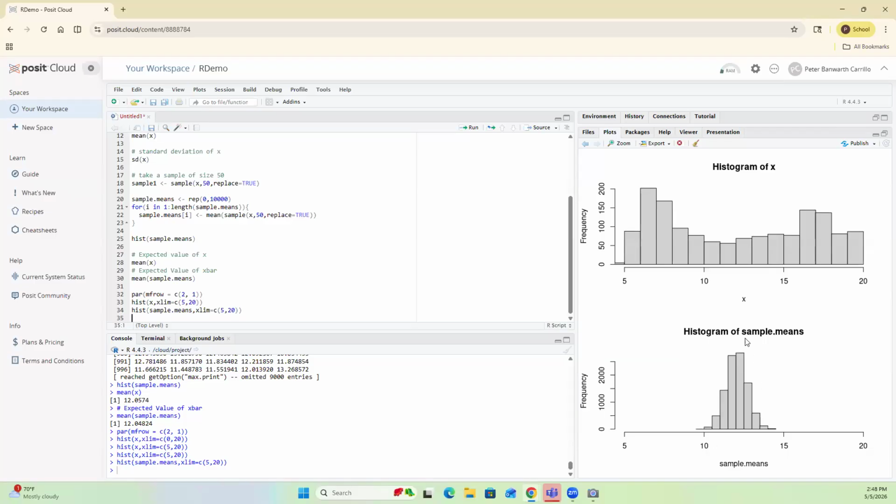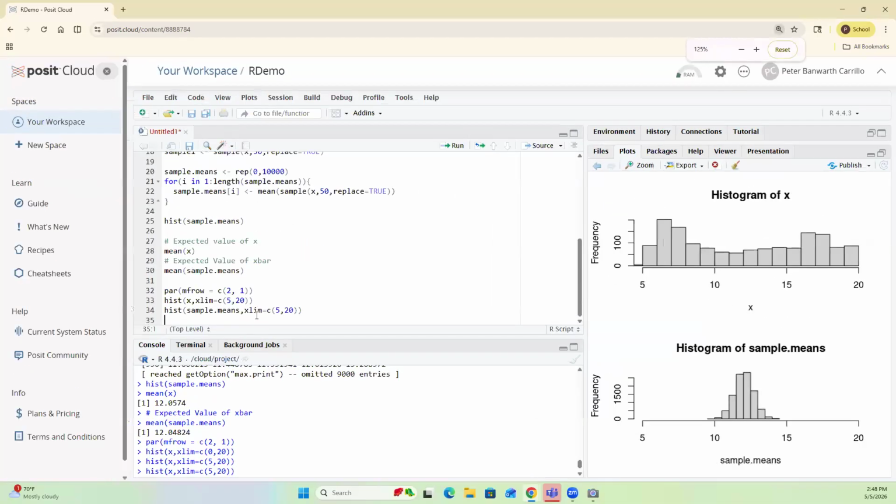The standard deviation is the single number that tells us how much our data is spread. So does the random variable have a bigger standard deviation, or does the distribution of sample means have a bigger standard deviation? The variable does. Let's find out exactly what that relationship is.